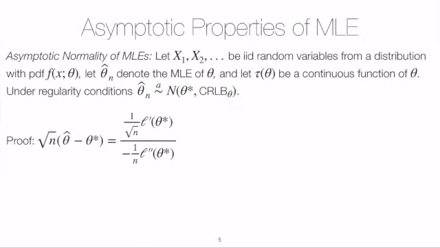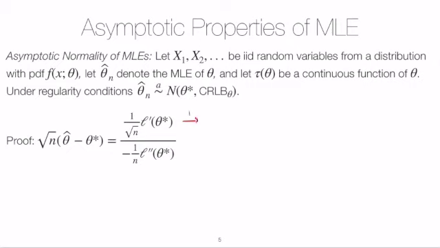Okay, so let's put all this together. Ultimately we want to show that this left-hand side converges in distribution to a normal with mean zero and variance Fisher information, and then we can extract from this quantity the distribution of the MLE.